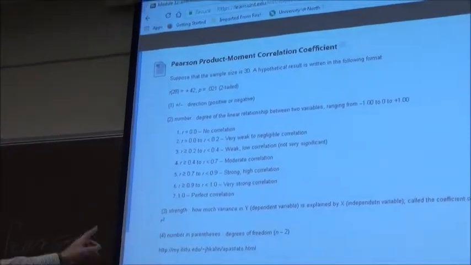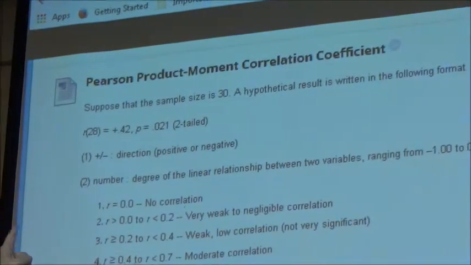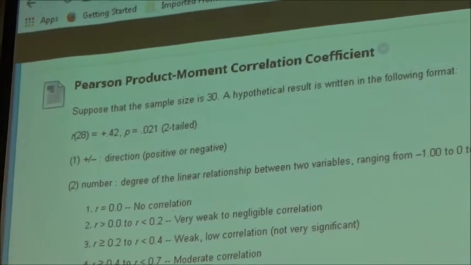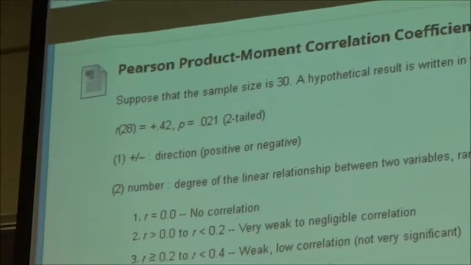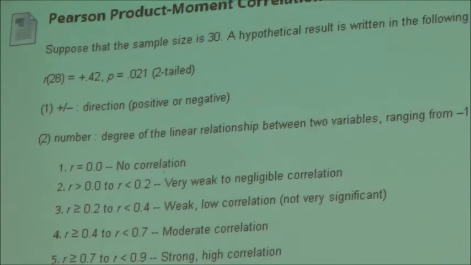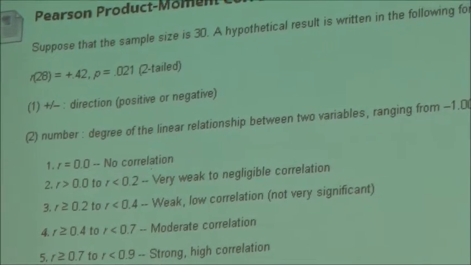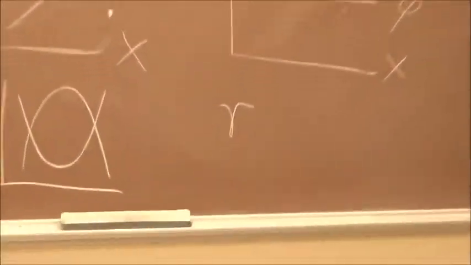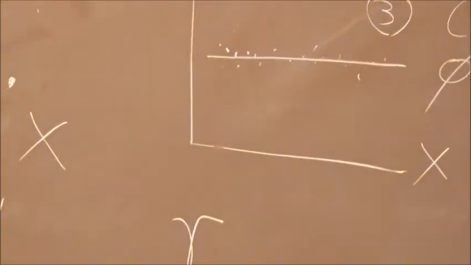Suppose that this is the result we get. Correlation is expressed by lowercase r. With me so far? And then the number 28 is the degrees of freedom in the parentheses.